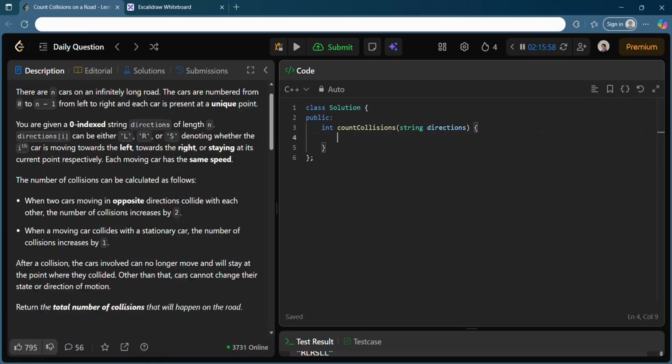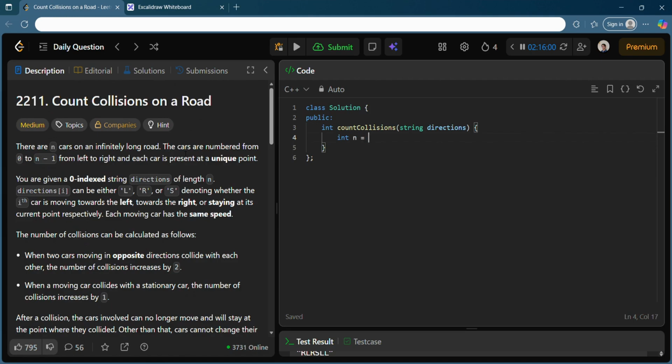So I hope it is very simple and not complicated at all, and you can quickly code that out. You have L equals 0, R equals n minus 1, while L is less than n and directions of L is equal to capital L, you can do L plus plus.